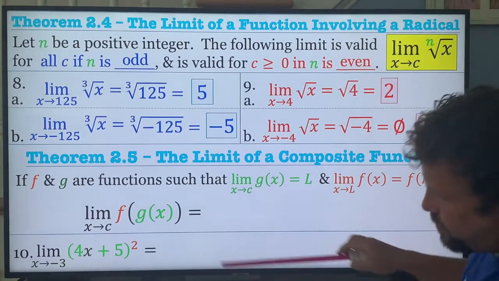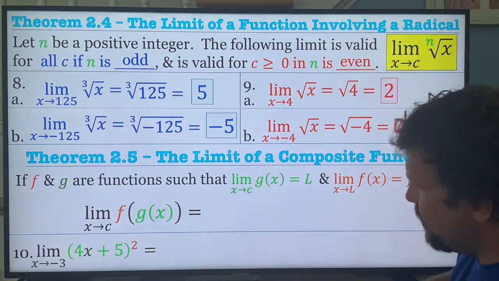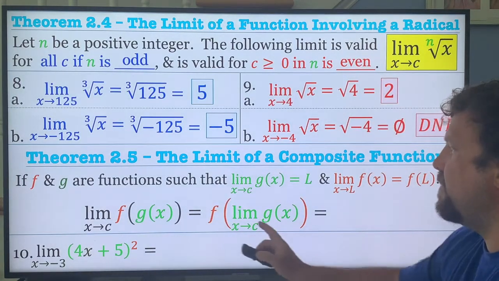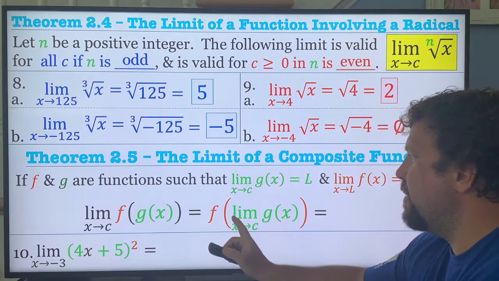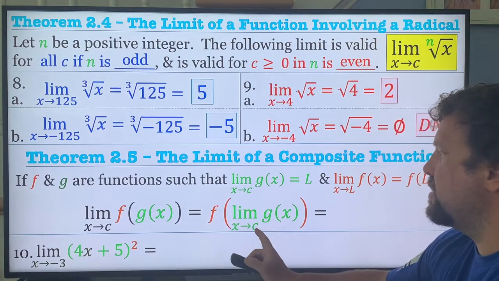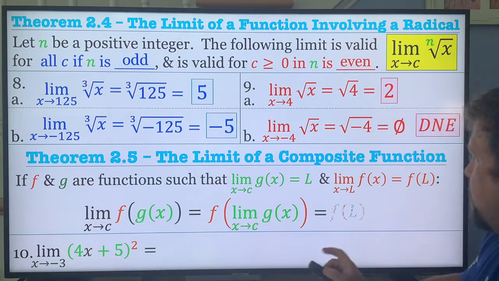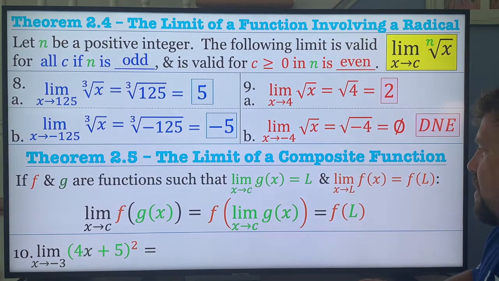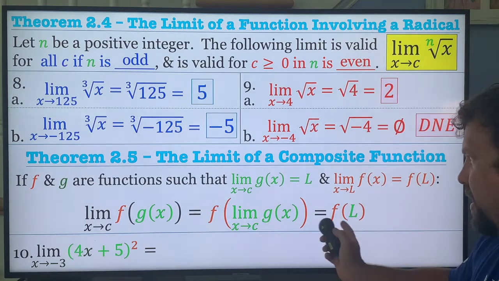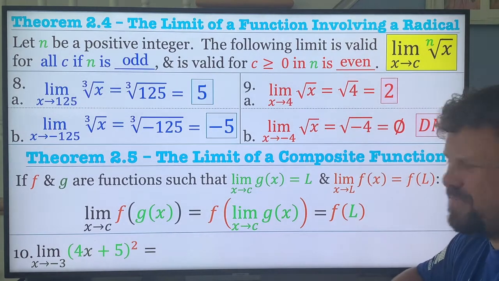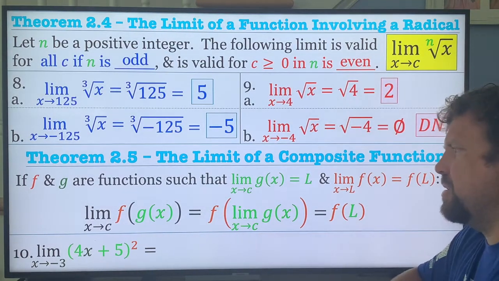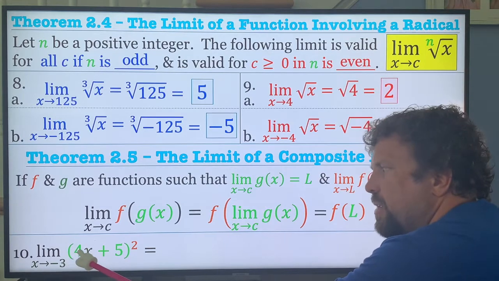All right, so let's look. The limit of f of g of x as x approaches c equals f of the limit of g of x, which is f of L, because L is the limit. Seem difficult? Not really. Plug in the negative 3. That's it.